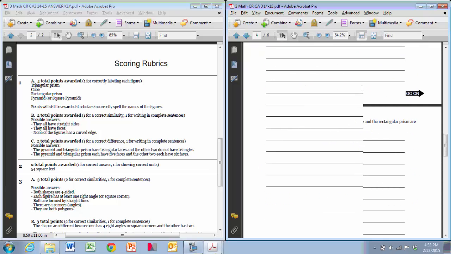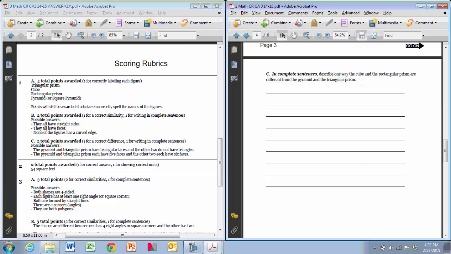So scholars will want to write something about how the pyramid and the triangular prism have like triangular faces, the other two do not, or that the pyramid and the triangular prism each have 5 faces and the other two have 6 faces. So they will get 1 point for describing that difference, and then 1 additional point if they wrote it in a complete sentence.